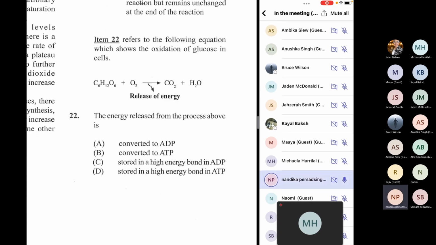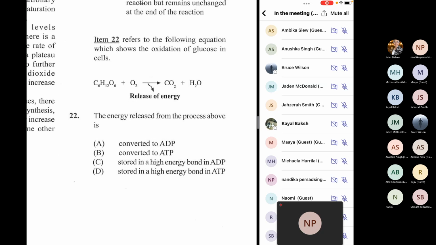The energy released from the process above is D. No, this one has to do with, okay, now whenever you're releasing, first to begin, energy is stored in a molecule called ATP. Now, from the diagram, they're saying the energy release. So when energy is released, that means energy is being used.